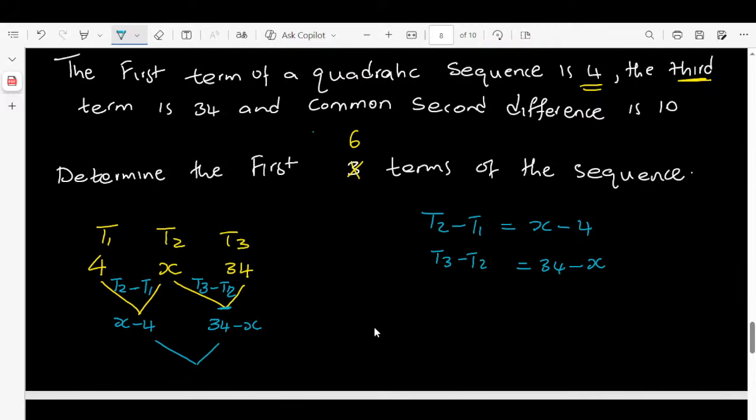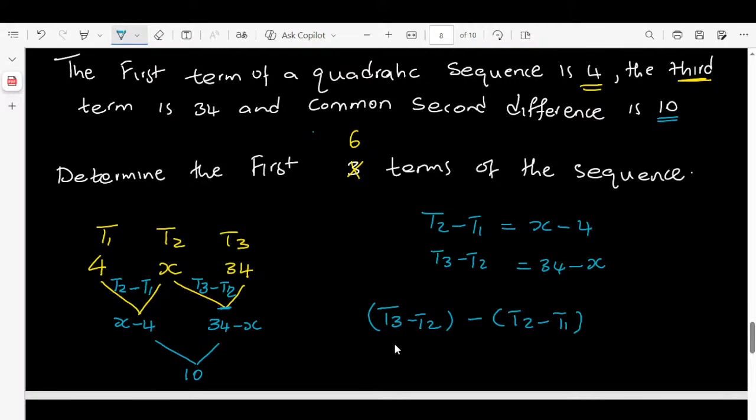We need to take T3 minus T2, inside the bracket, and minus T2 minus T1. Whatever we get, we need to get an answer of 10, because when we find the difference of these two, we need to get the second difference of 10.